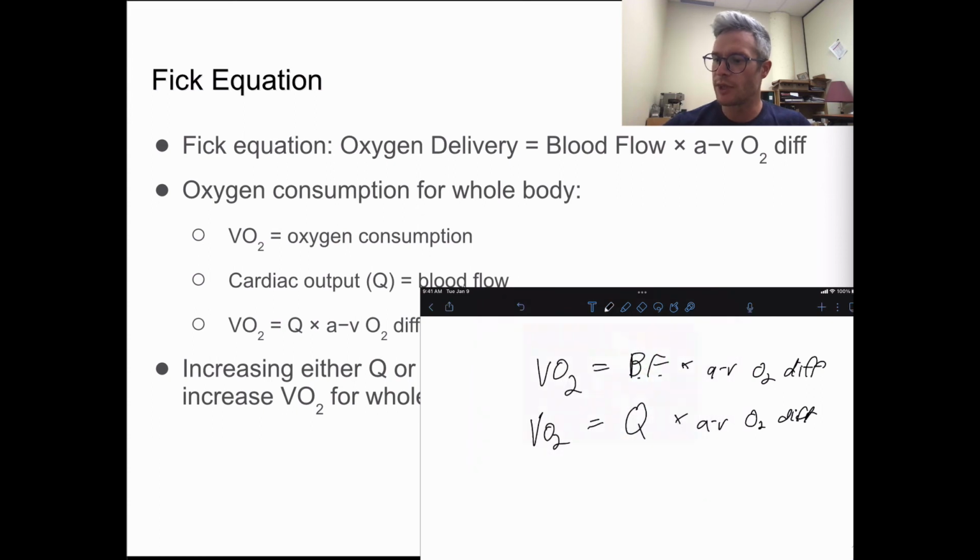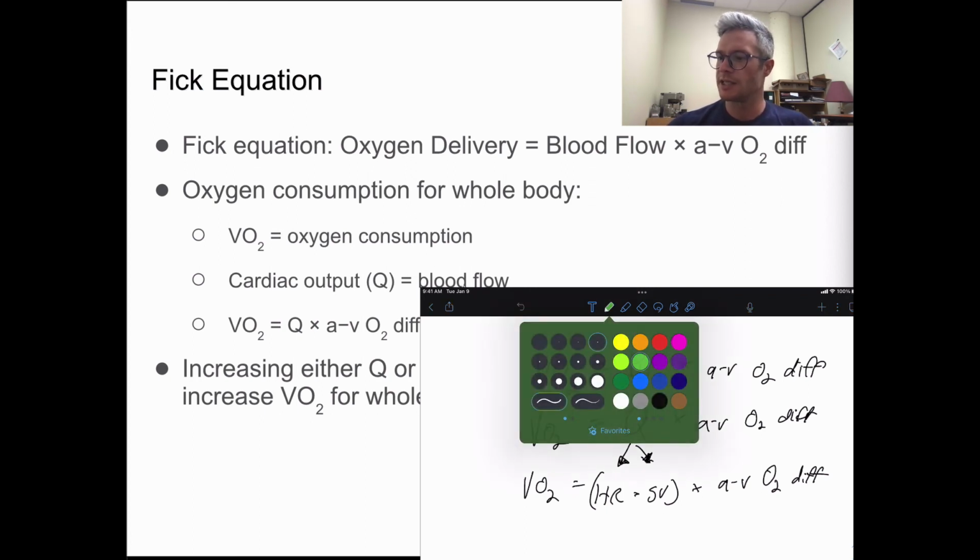Let's go one step further. Okay, so if we think back now, we have our VO2, that equals, we can split our cardiac output into two other terms, right? We can go heart rate. So Q is heart rate times stroke volume. We can now times that by the difference of oxygen between our arterial and venous blood. And so here we go.